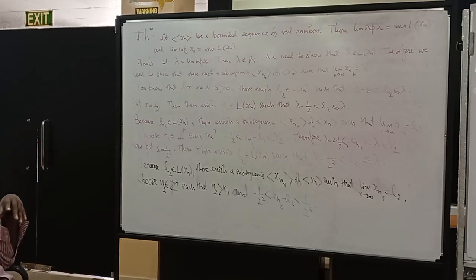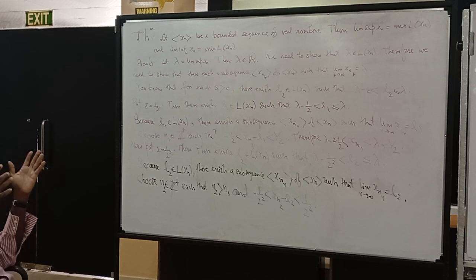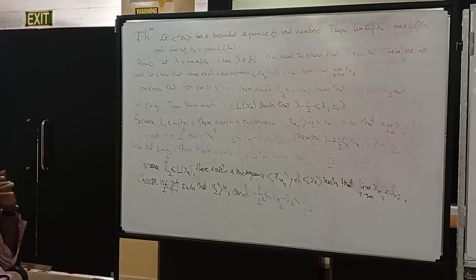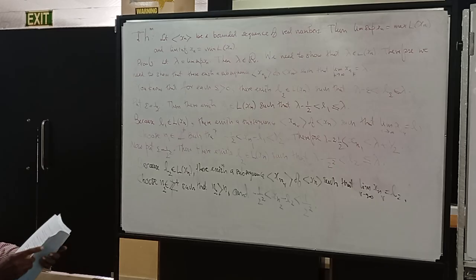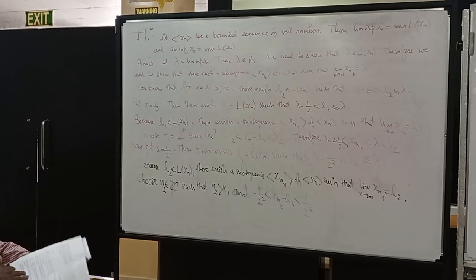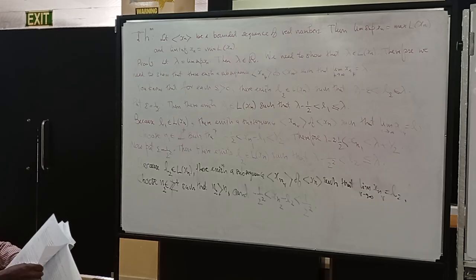So far, in my book style, I have written that lim sup is the maximum of L(x_n). Actually, according to the book, you can see that it has a minimum too. But of course, I have to show that my definition and his definition are the same. Let's see what other things I should prove.